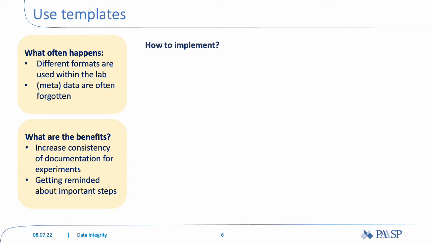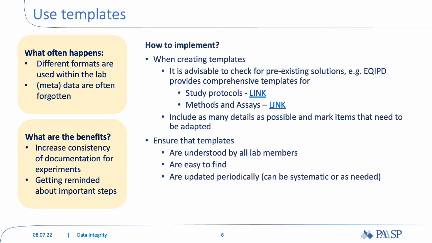When creating templates, it is advisable to check out different resources as existing templates might be available. For example, ALCOAplus provides comprehensive templates for study protocols, methods and assays. They are linked below in the reference as examples.